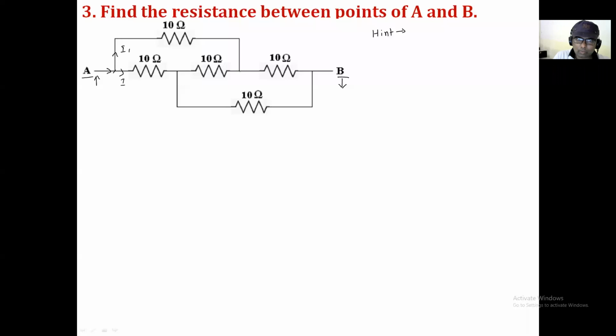When the current I1 comes here and current I2 comes here, then what current will flow through this 10 ohm resistance? This is the problem. It means that this 10 ohm resistance is neither in series nor in parallel. For this 10 ohm resistance, we cannot apply the series and parallel circuit rule.